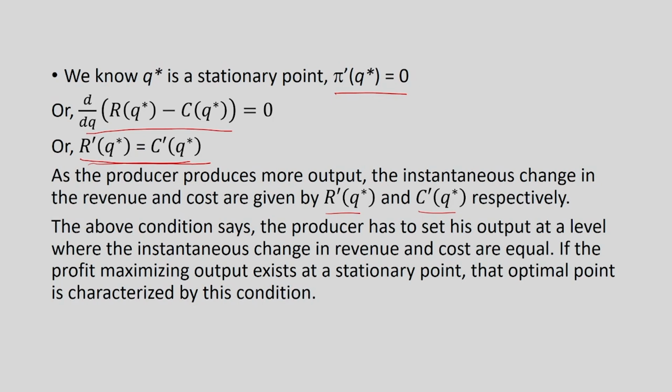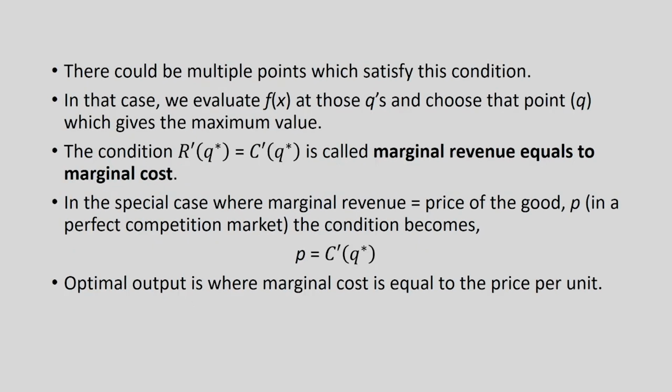If the profit maximizing output exists at a stationary point, that optimal output is characterized by this condition: R dash Q is equal to C dash Q. Now, it is possible that there could be multiple points which satisfy this condition.